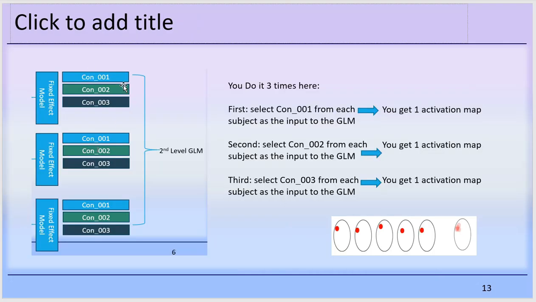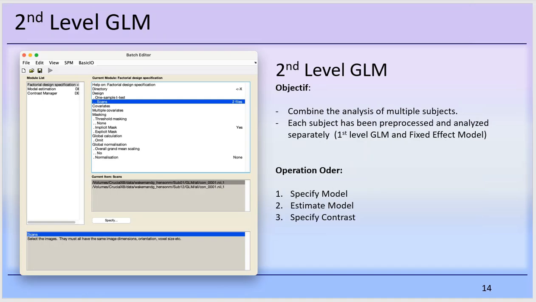As you can see here, you will get 3 outputs after doing the fixed effect model, and these outputs will be the input to your group level analysis. Now let's move to the second level analysis. Again, you open your batch editor, and here you need to specify the scans.